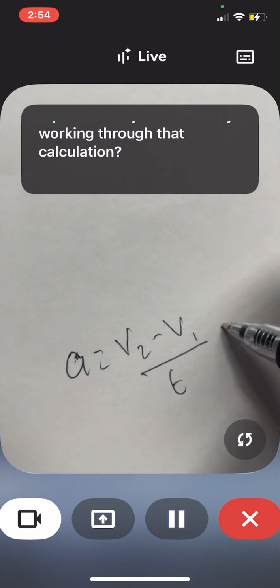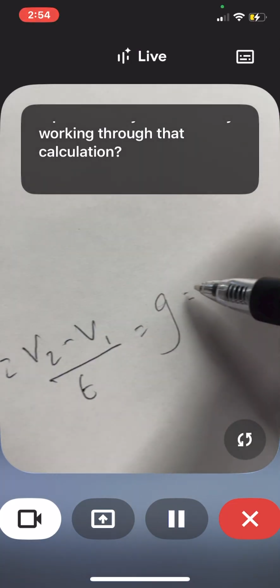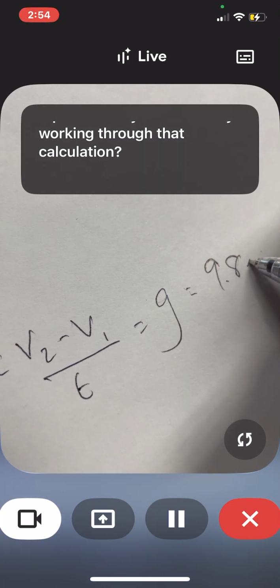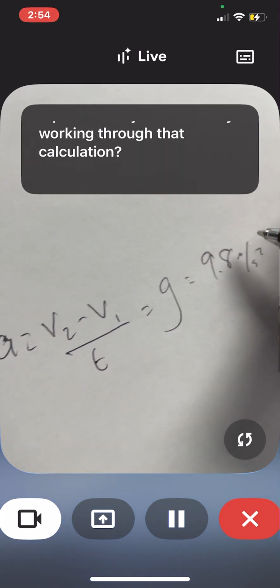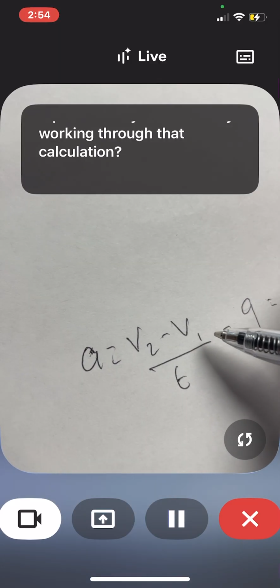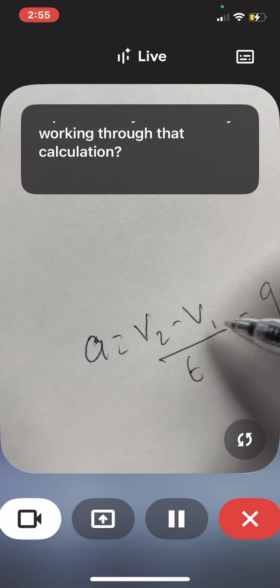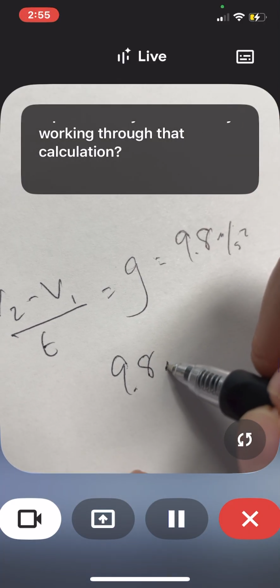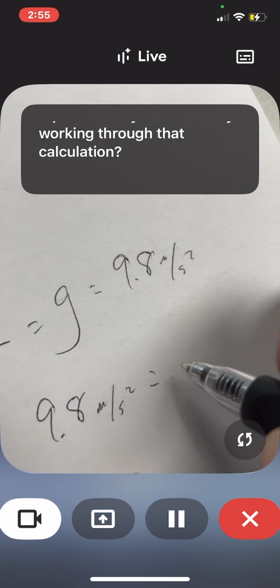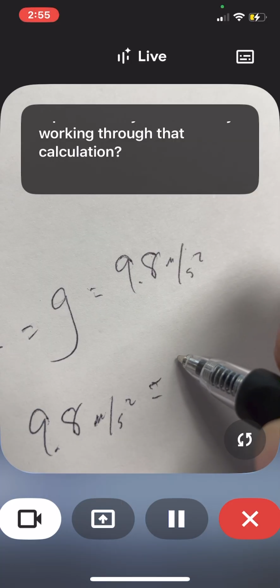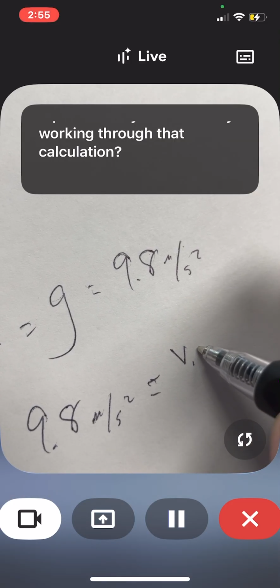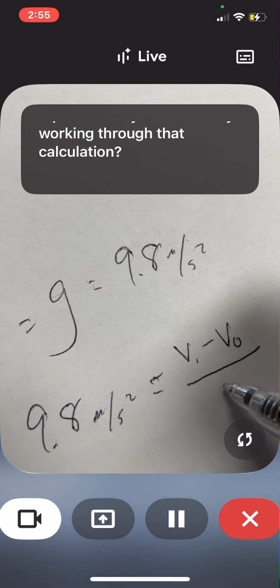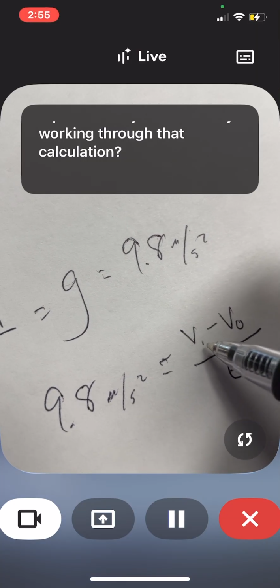But if acceleration is gravity, which is 9.8 meters per second squared, then velocity 1 is v naught, so 9.8 meters per second squared equals the velocity 1 minus velocity naught over the time it traverses.